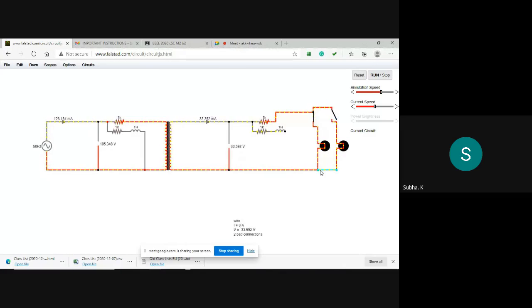So in this case, I am connecting only one lamp load. Okay. So this symbol I am using as a wattmeter.